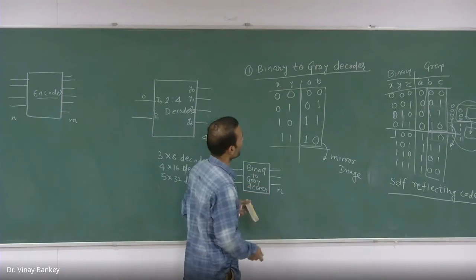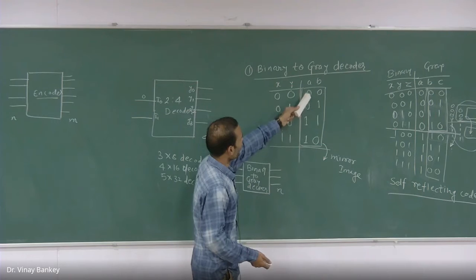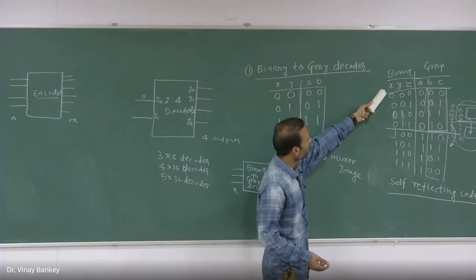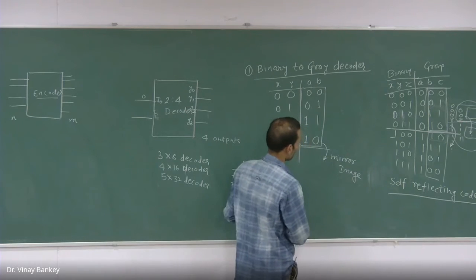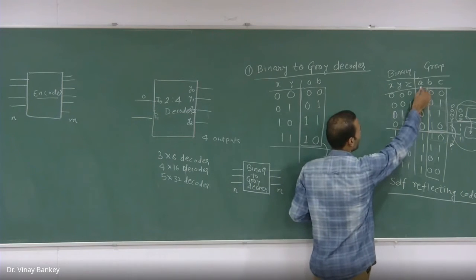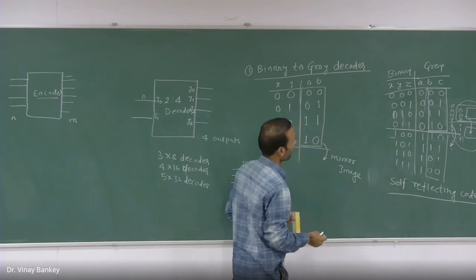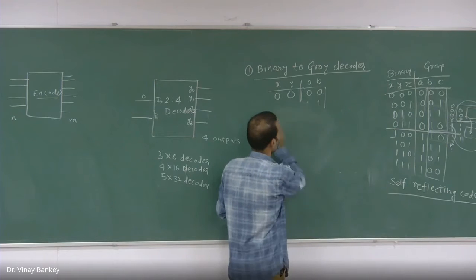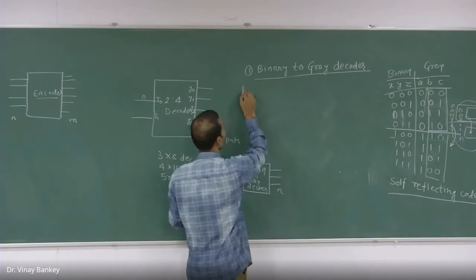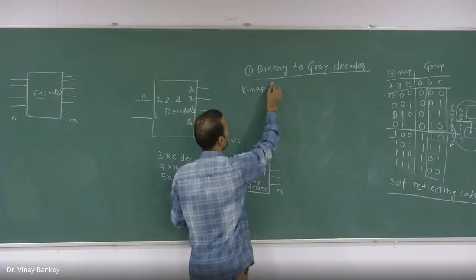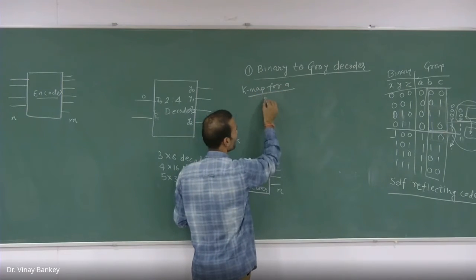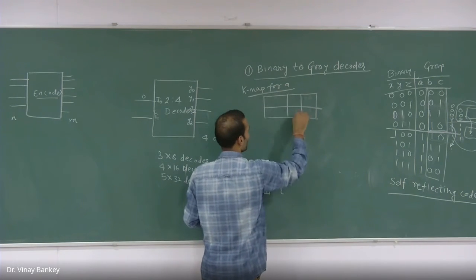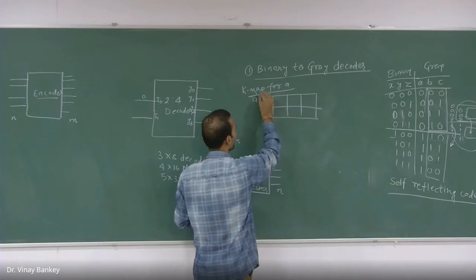So now write the KMap for A and B. I will do it for the 3 variables. So now we will write the KMap for A. So this is your A and BC.